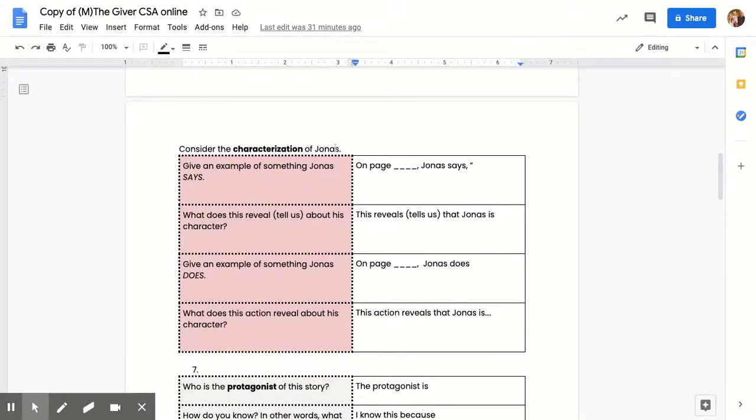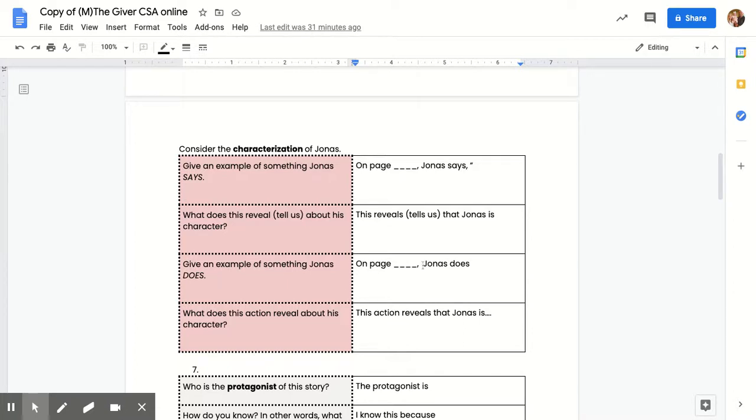Consider the characterization of Jonas. Give an example of something Jonas says. On page blank, Jonas says, "blank." What does this reveal or tell us about his character? This reveals or tells us that Jonas is, and your answer goes here. Give an example of something Jonas does.